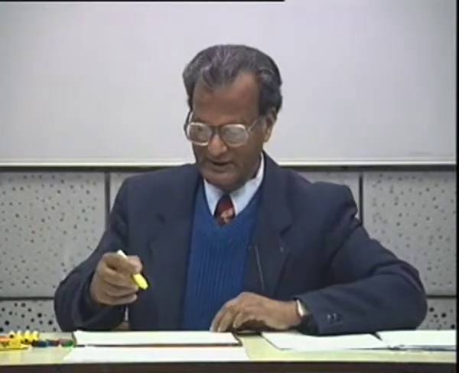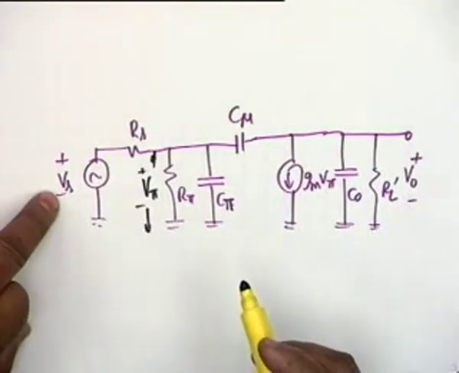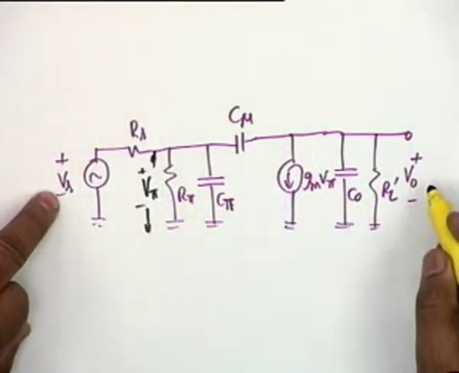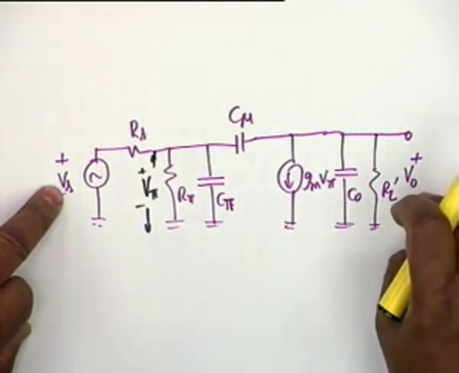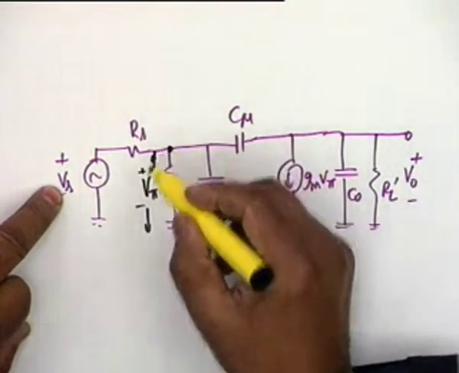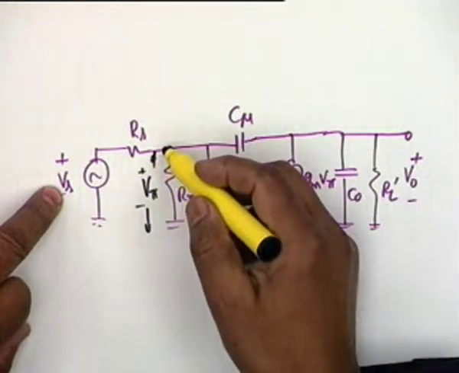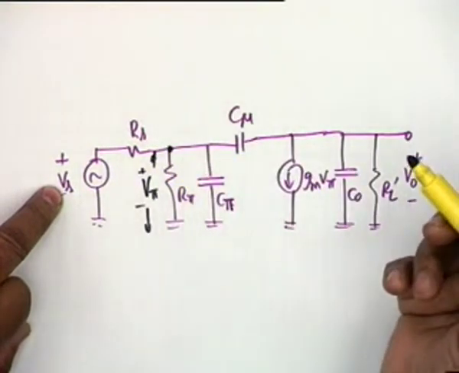Could you re-explain the node equations we will write? You see, Vs is known. I want to find out V0. Now Vs and V0 are not directly connected. They are connected through another node whose voltage is V pi. Therefore I have to write two node equations.